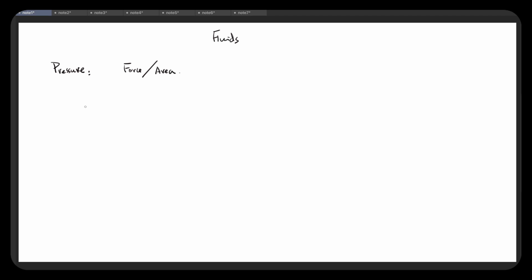Now here's an example. Let's say there's an object, and the upper surface area is A. If we apply a force F on such a surface, F is not applied on a point, it's applied on the whole surface.